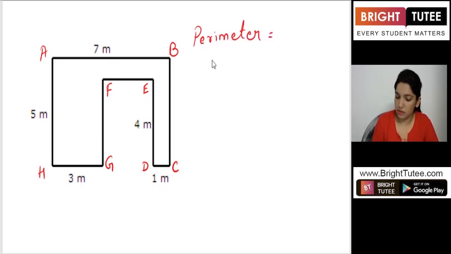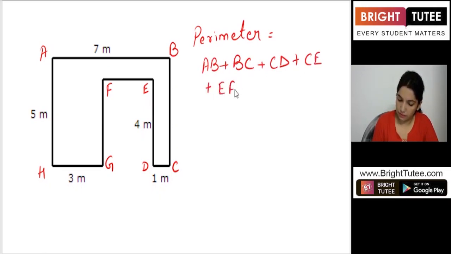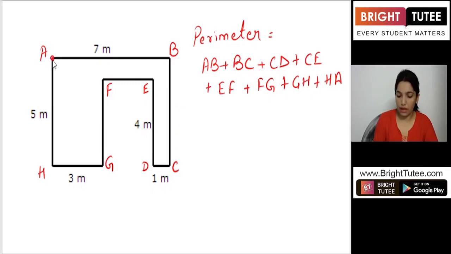So the perimeter is equal to AB plus BC plus CD plus DE plus EF plus FG plus GH plus HA. So we started from A and we ended at A. Now let us put in the values of all these. Everything that we have here is in meters, right? Now a very important thing is going to come very soon.